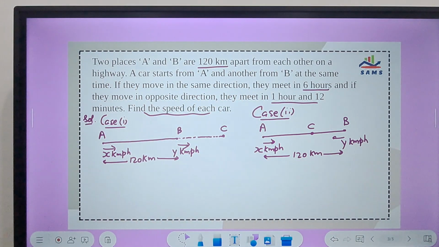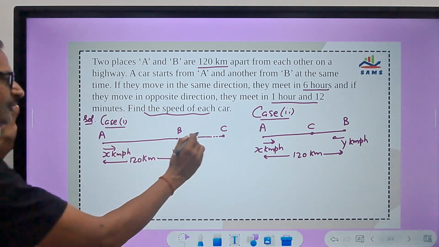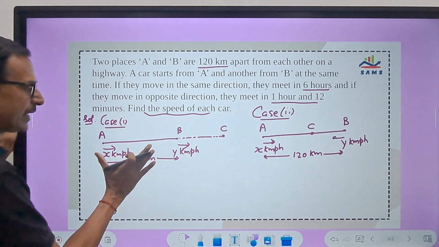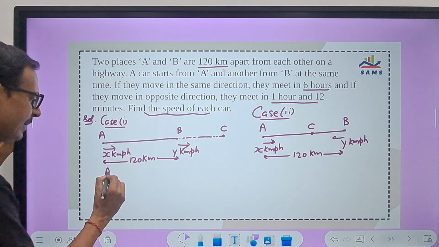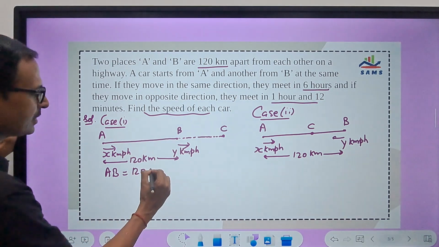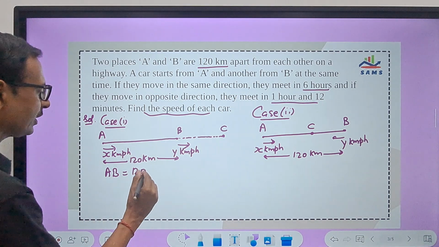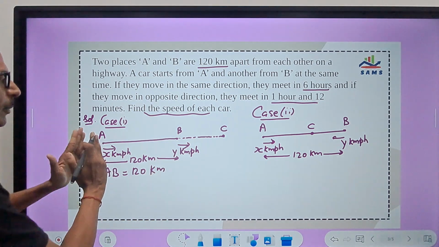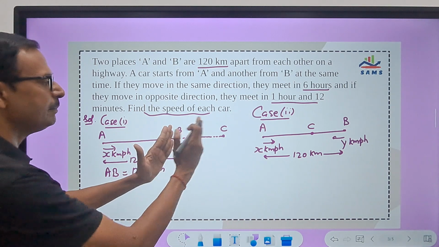Now, the important thing here is that this distance AB is known, 120 kilometers. So what are we going to do? This AB is to be written in the form of AC and BC.